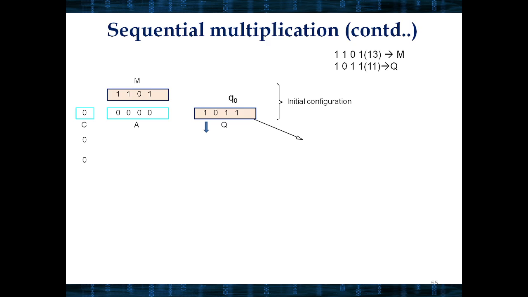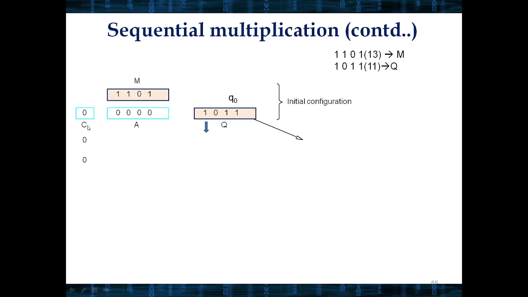So now we'll take one example. Here we are taking multiplicand as 13 and multiplier as 11. We'll convert these into binary format. In register M we will store the multiplicand value, and in register Q we will store the multiplier value.